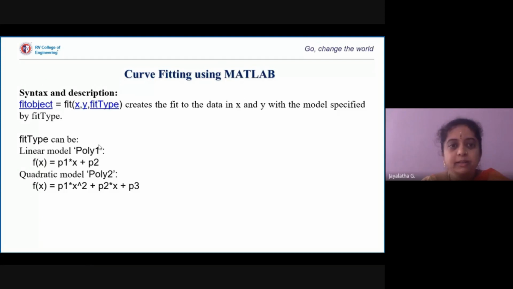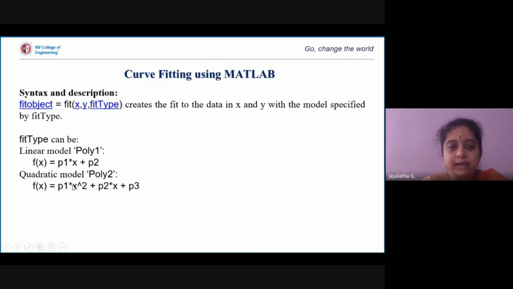For the quadratic model, in place of fit type, you are going to give poly 2. What is this x y? X is your given x values, y is your y values, which will be the input as row vectors. I'll explain that with an example. So for the quadratic model, you have poly 2, which will give you the answer p1 x square plus p2 x plus p3.